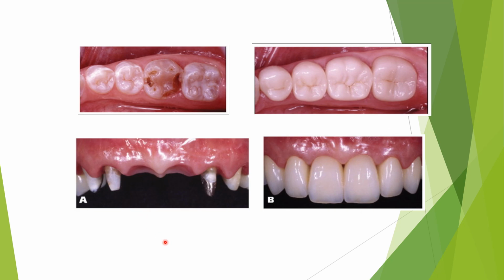Coming to an anterior bridge, so this is basically a 6-unit bridge, right? So it has 2 teeth missing, and usually you cannot have laterals as abutments. You'll take into account canine, lateral, and canine, which is a 6-unit bridge, right?